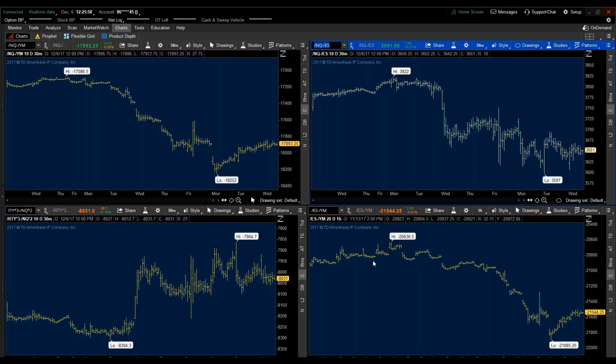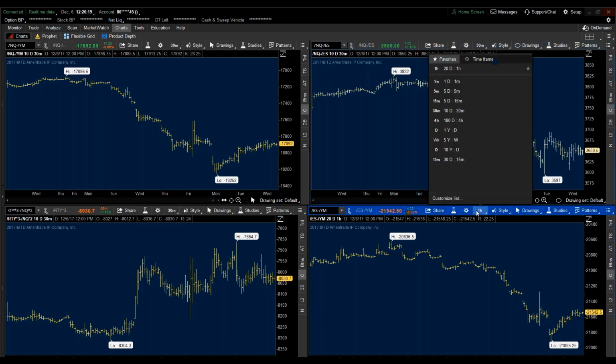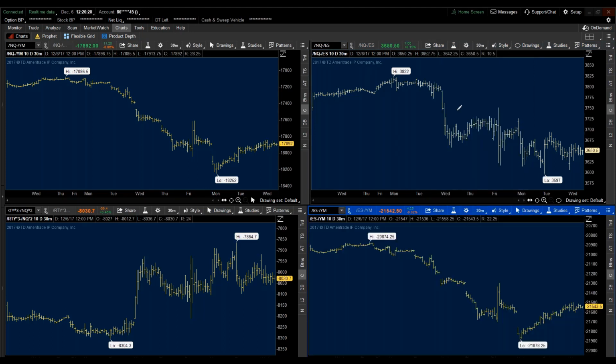And so just by looking at all these, it seems to me, S&P Dow, so long NQ, short YM, long NQ, short ES, and then looking here, oh, that's why it's on an hour. That's why I was getting confused. Looking here, S&P against the Dow.